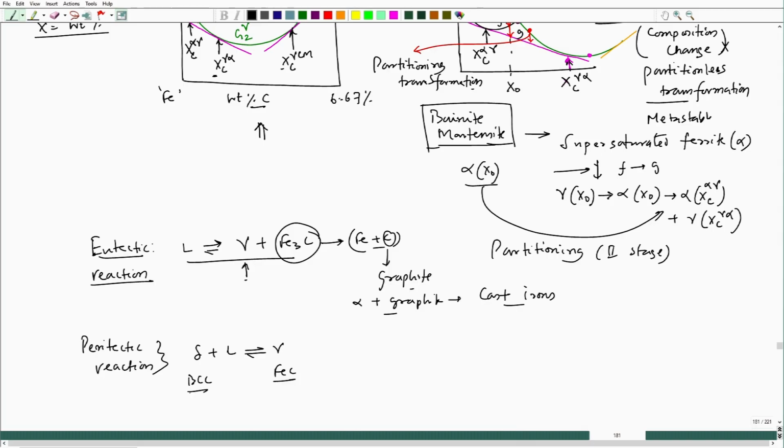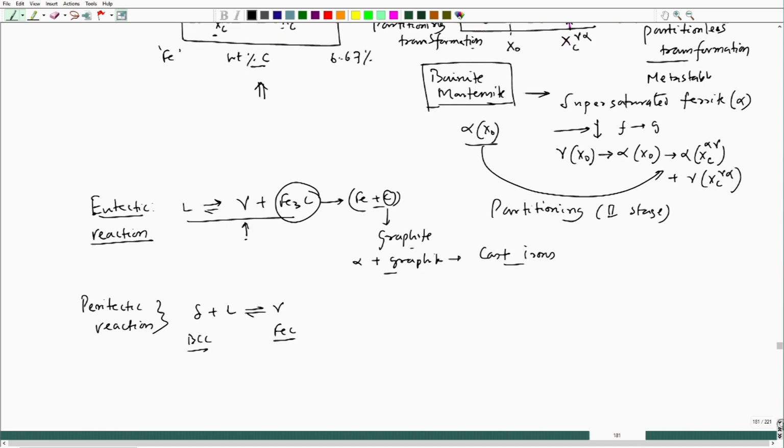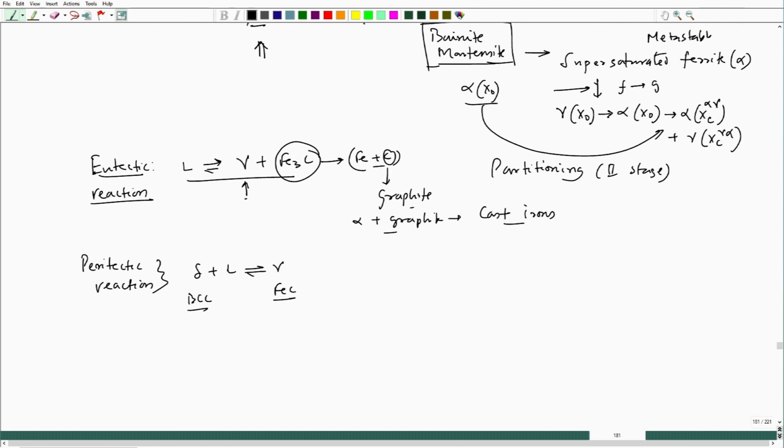Okay. So, here also we have to see how the free energy composition diagram would look to get the phase diagram around that peritectic point. In case of the peritectic point, the transformation looks like this. If I only draw the peritectic part, this.